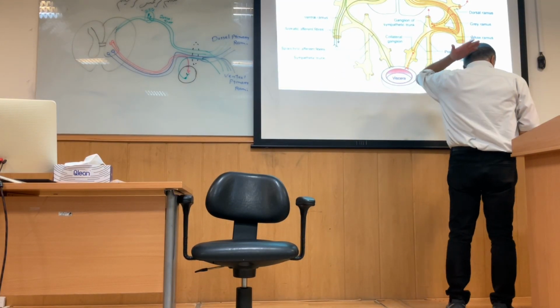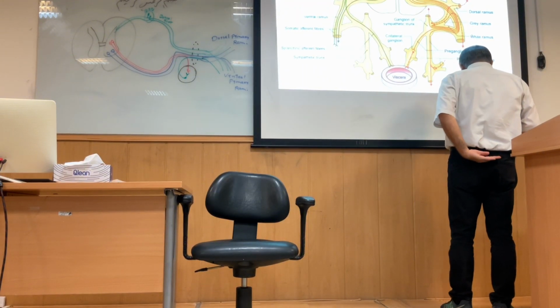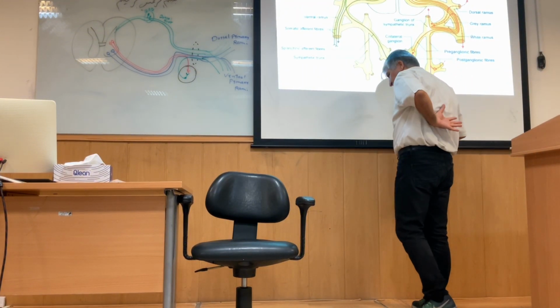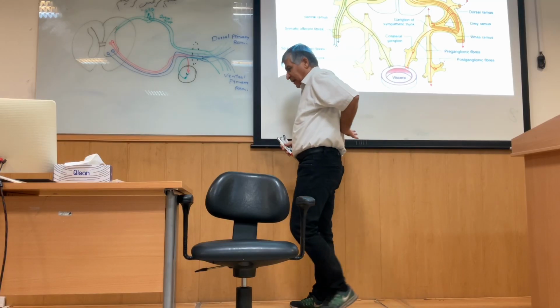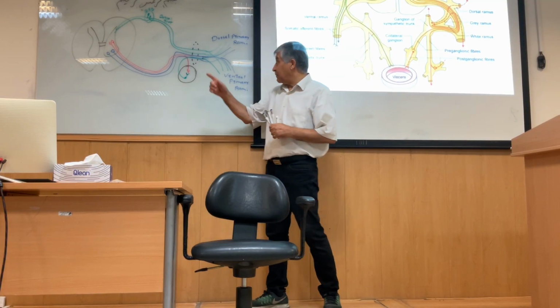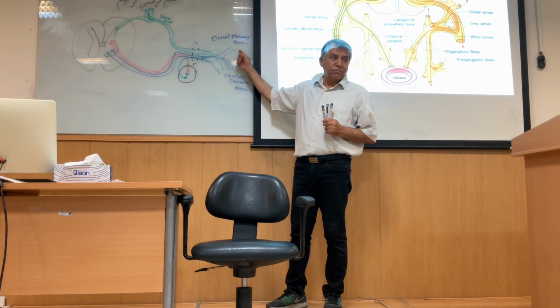From head to base, all this skin and muscle is innervated by the dorsal primary ramus.